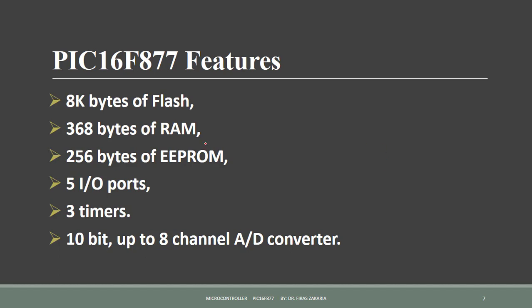The PIC16F provides 8 kilobytes of flash memory, 368 bytes of RAM, 256 bytes of EEPROM, 5 input-output ports, 3 timers, and 10-bit up to 8-channel analog to digital converter.